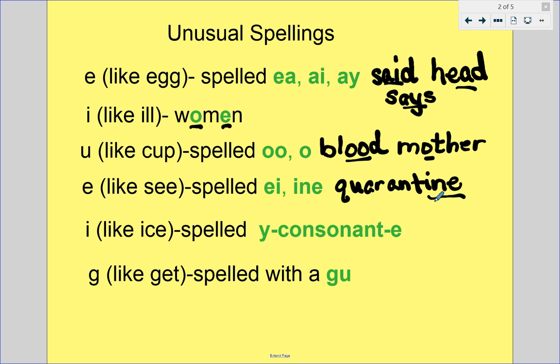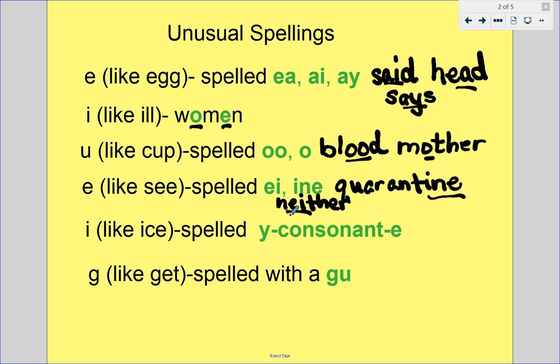Or the EI. And the EI we've seen in different words too, like neither. Neither. And we have the EI, neither.